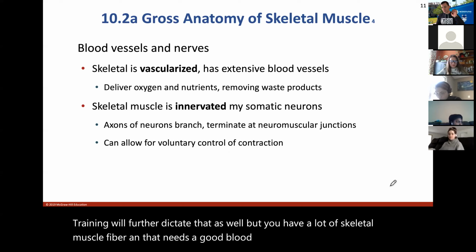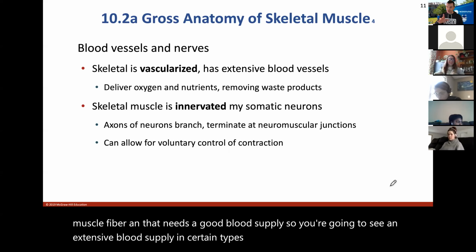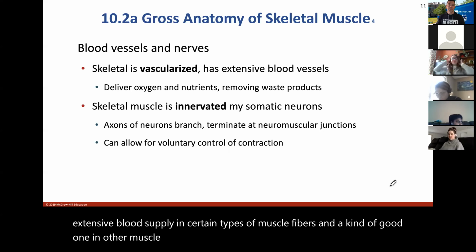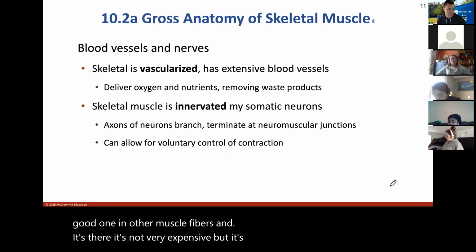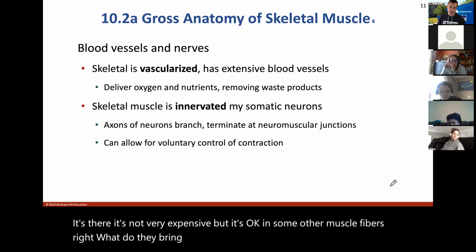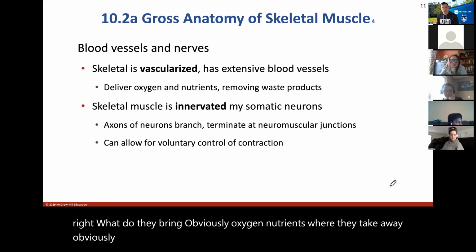So you're going to see an extensive blood supply in certain types of muscle fibers and a kind of good one in other muscle fibers. And in some other muscle fibers it's not very extensive, but it's okay, right? What do they bring? Obviously oxygen and nutrients. What do they take away? Obviously waste. And obviously we need innervation.